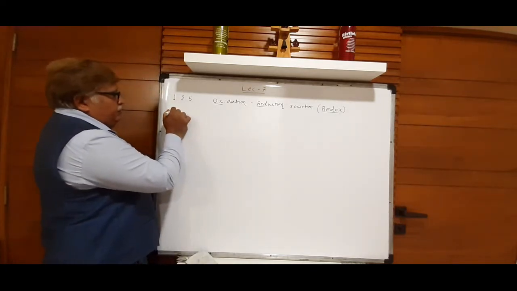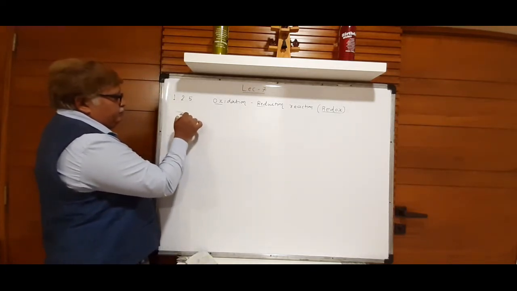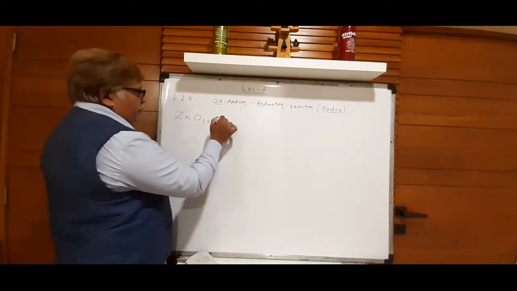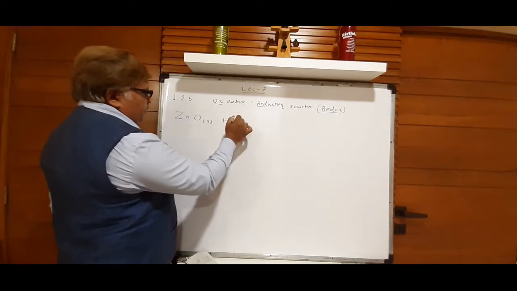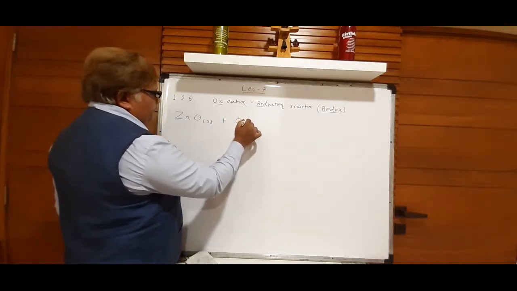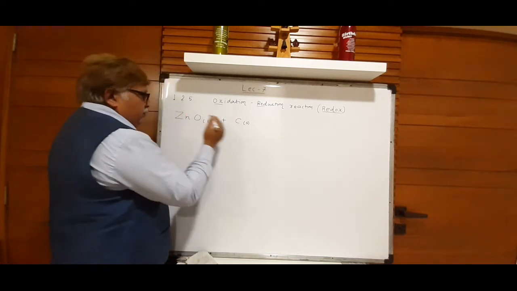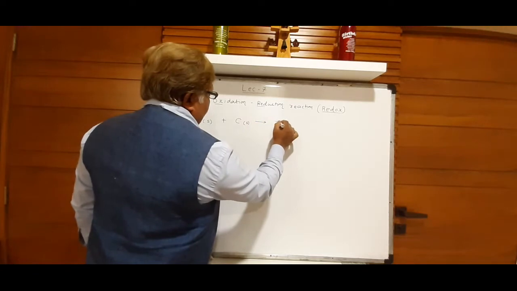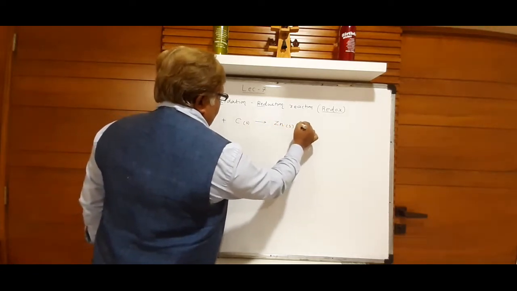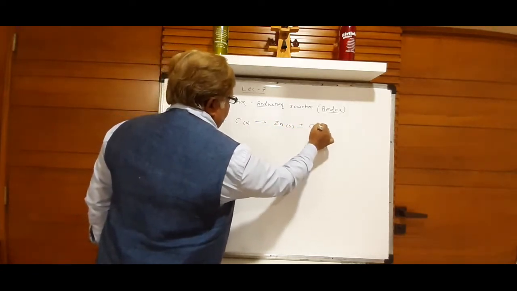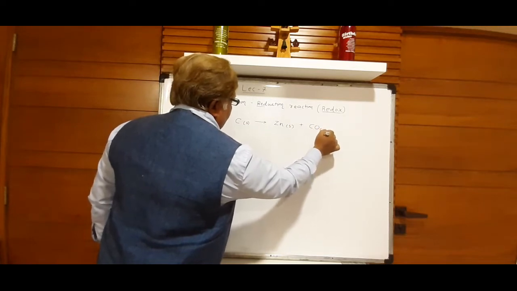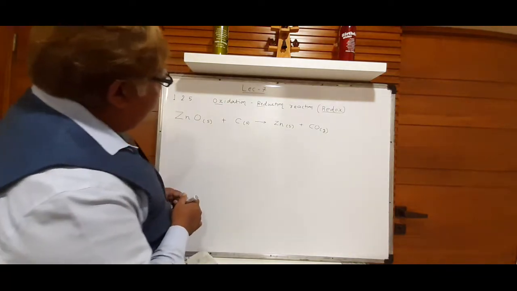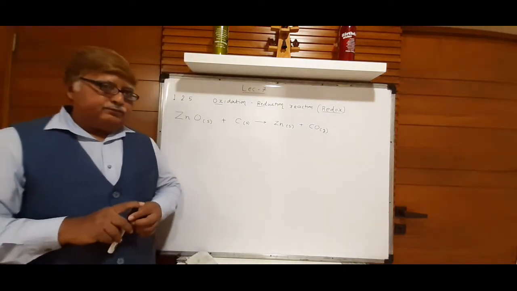Suppose zinc oxide, ZnO, when it reacts with carbon, actually coke, it forms zinc and carbon monoxide. Now, my dear student, can you call it a redox reaction?